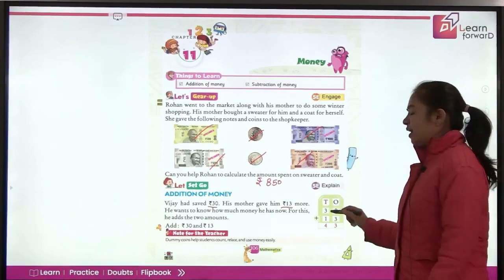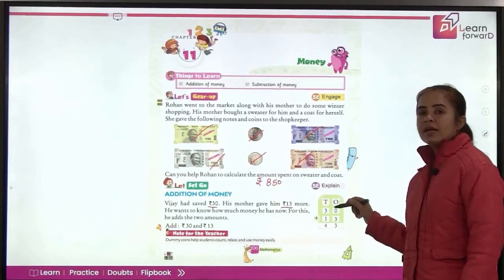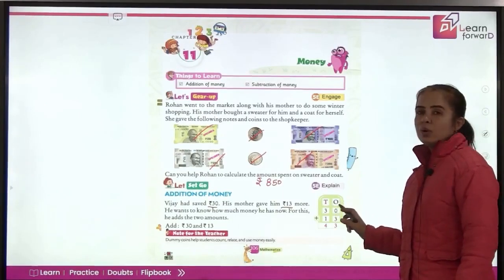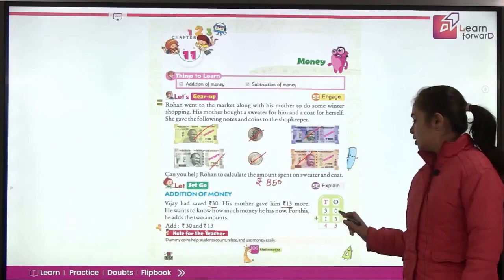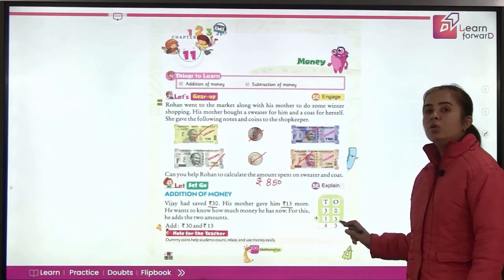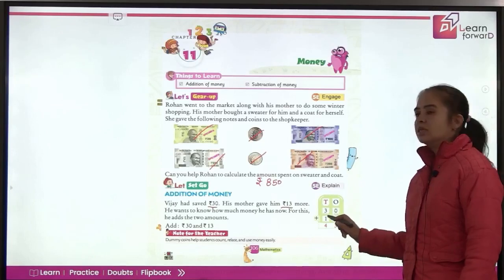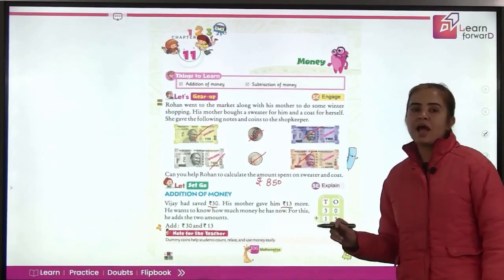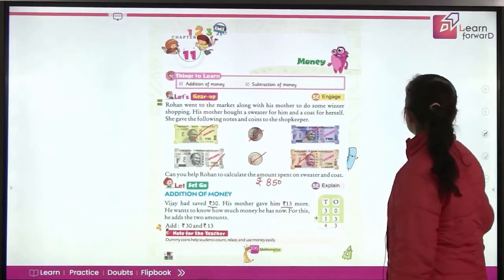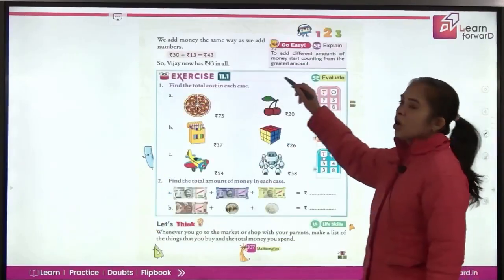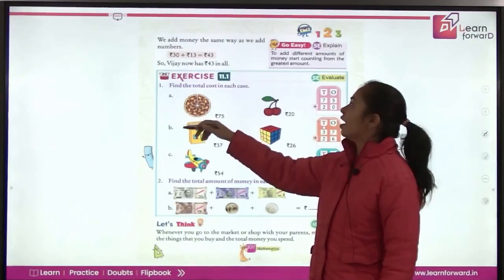So let's add the numbers, write them perfectly at their places. Tens and ones are the places, we know this. Now 30 plus 13 is how much? Let's add from the ones place. This is 3, this is 4. So total money he has now is rupees 43. Perfect. So this is how we add and we write the values also.